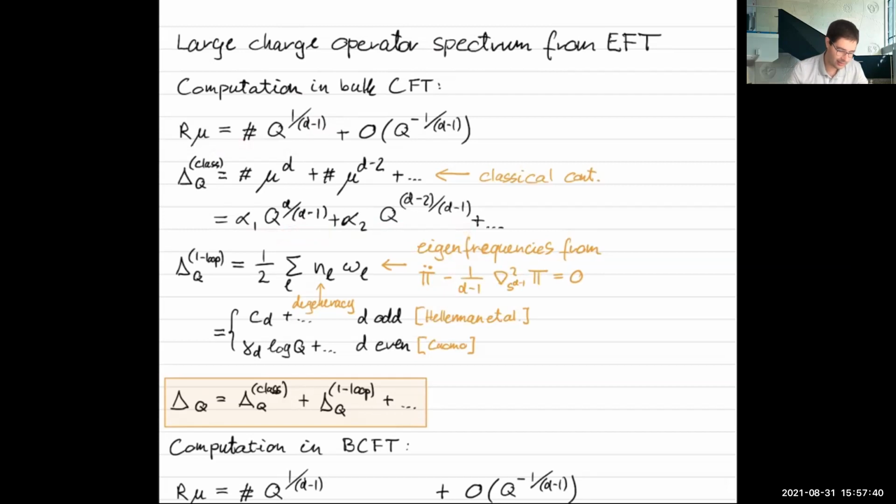It turns out that it's very interesting to look at the one loop contribution, because we'll find universality there. At one loop, the Casimir energy is simply computed from summing up the 0-point energies of the Goldstone fluctuations. The frequencies I denote by omega L, their degeneracies by NL.